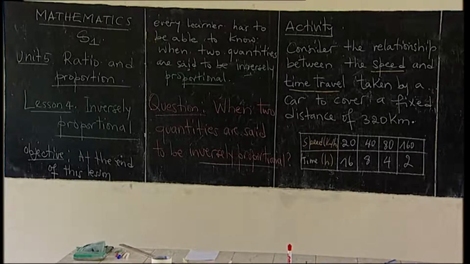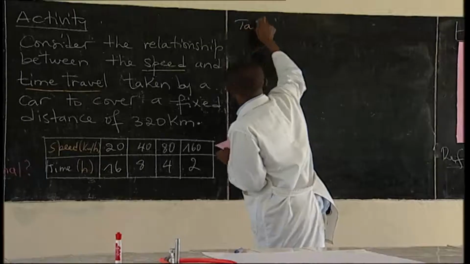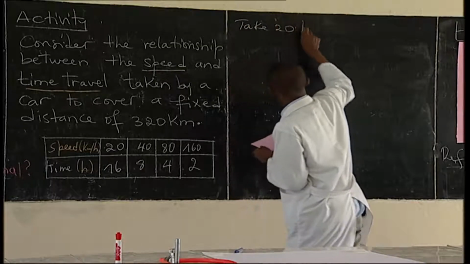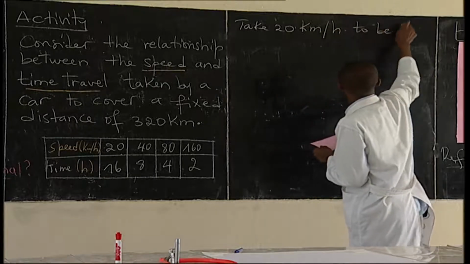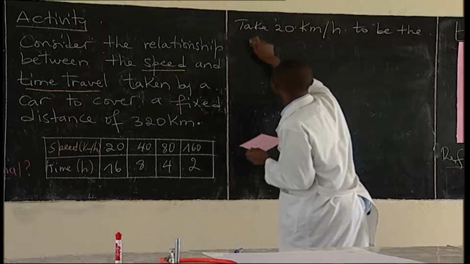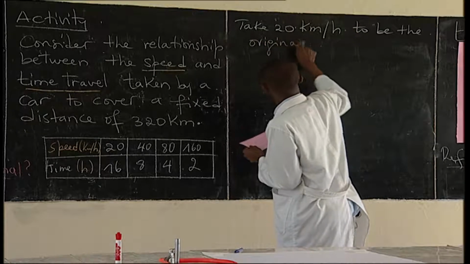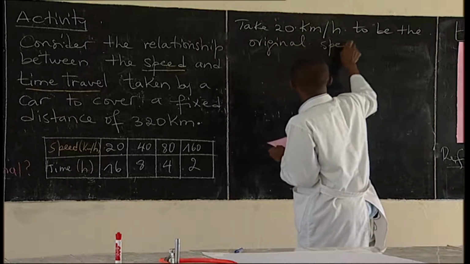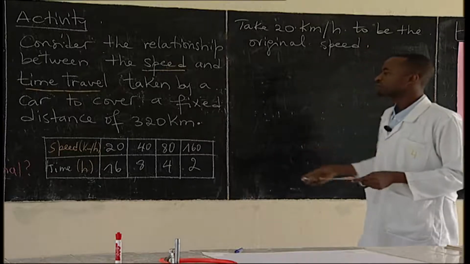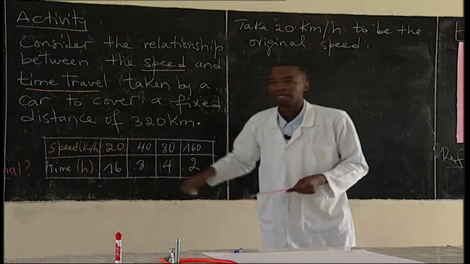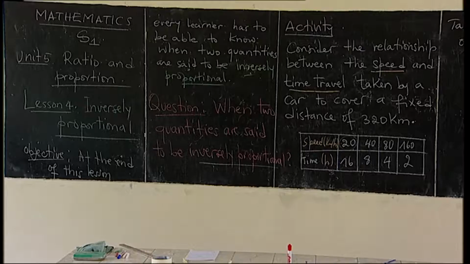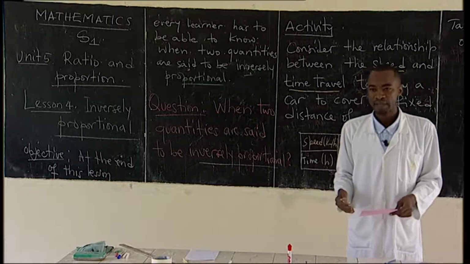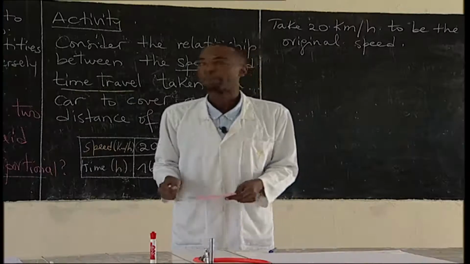Now, you take 20 kilometers per hour to be the original speed. Of course, we've taken these 20 kilometers as the original speed, not meaning it's where it started. It means that the car has been moving, and then I have taken 20 kilometers as the original speed.